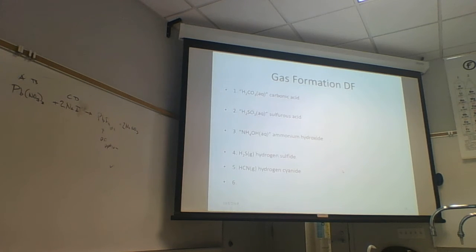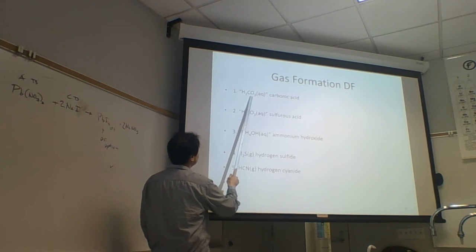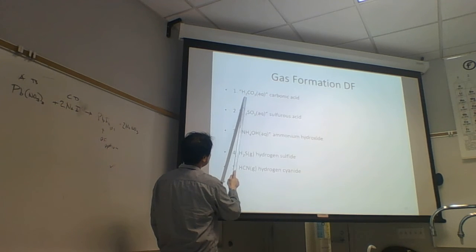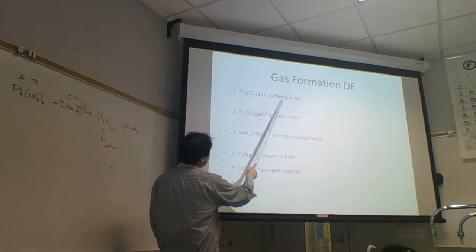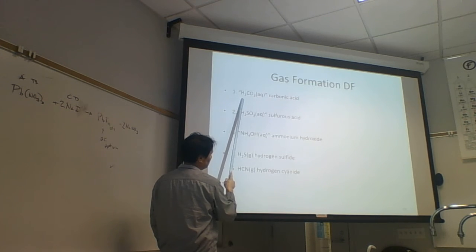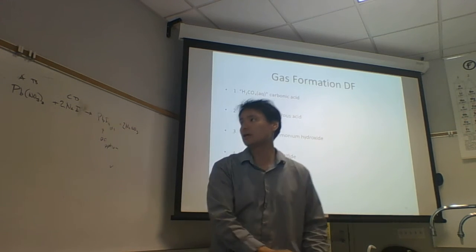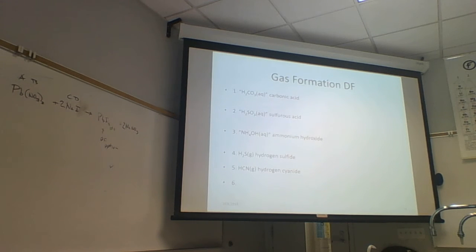Then we also look at gas formation, like for example, hydrogen ions and carbonate ions. When hydrogen ions and carbonate ions combine, it forms this, which is called carbonic acid. However, is carbonic acid stable? No, carbonic acid is not stable. What does carbonic acid decompose into? As far as metathesis goes, that's a favorable ion combination.